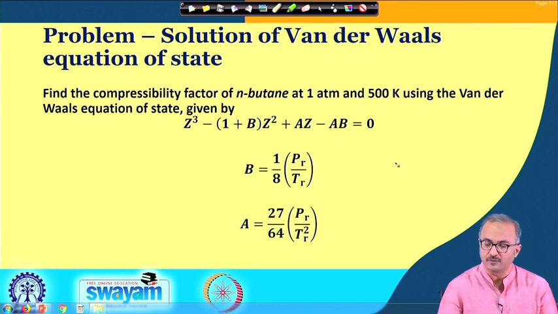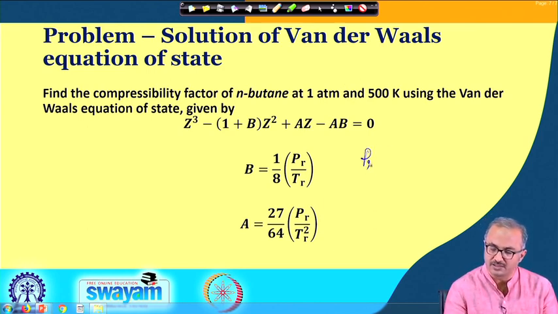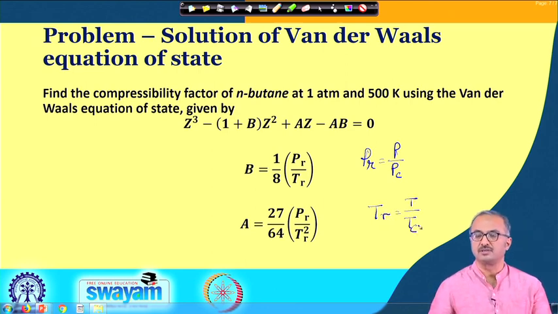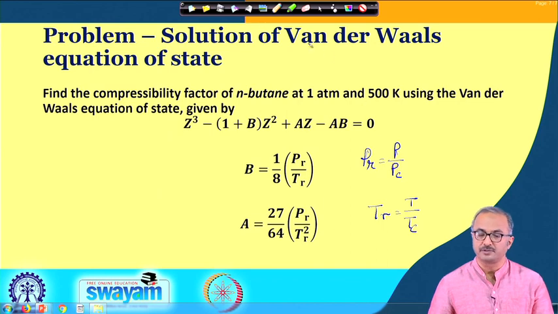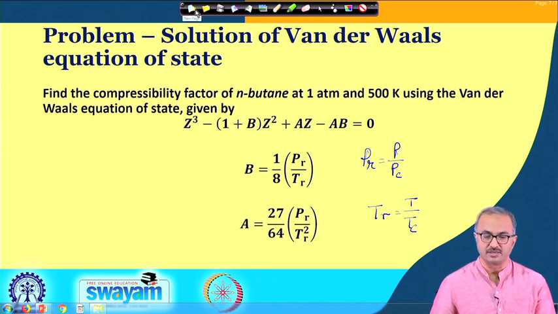That means, the reduced pressure is equal to the actual pressure divided by the critical pressure. Similarly, the reduced temperature is equal to the actual temperature divided by the critical temperature. These critical values are dependent on the particular type of the species, so we get these values from the literature.